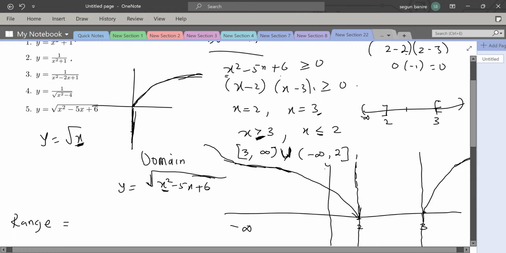This line is your y-axis. We have, this is positive infinity, this is 0. So all this drawing that I did is on the positive part of the y-axis. So it is between 0 and infinity, a closed interval at 0, because 0 is part of it. So this is your range.